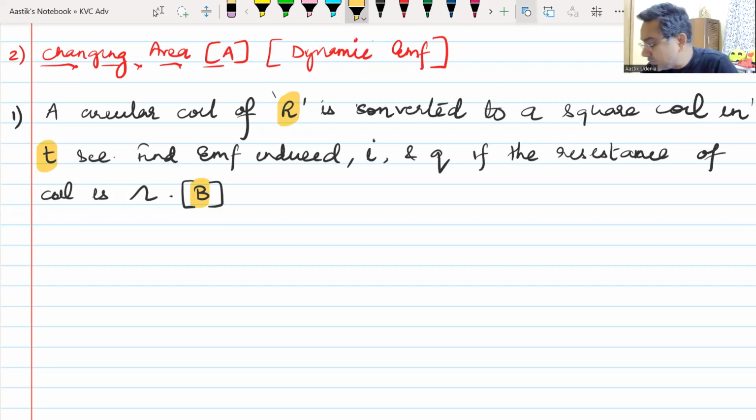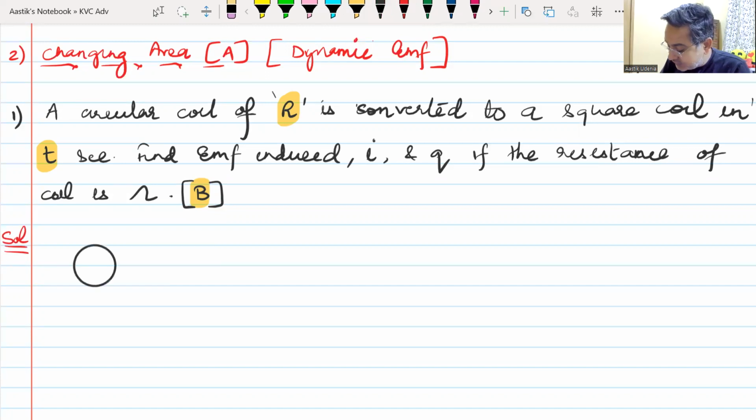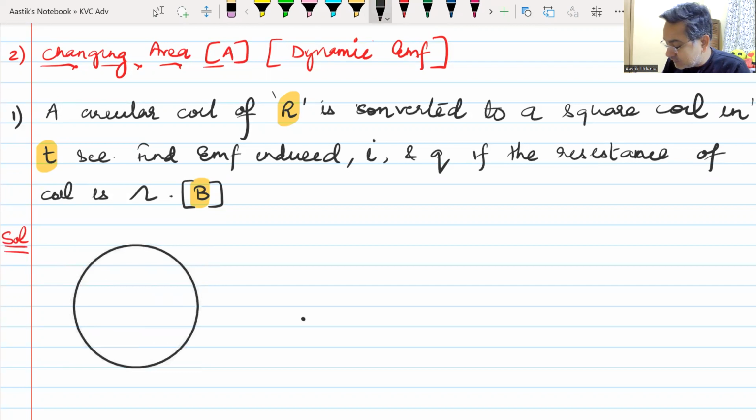So how are we supposed to do this? We are supposed to understand that initially it is a circular loop.